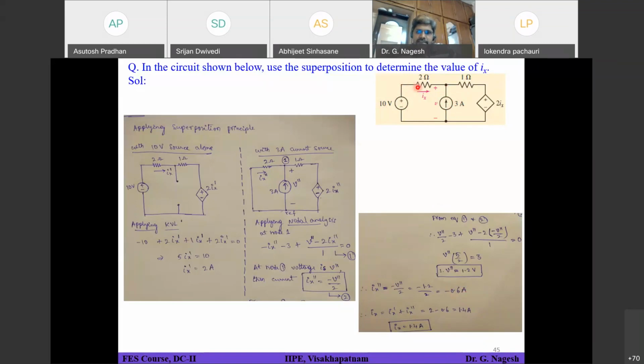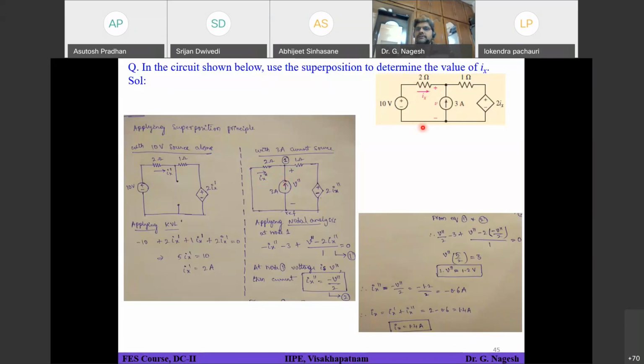So from left to right, the 10 volt source is trying to send 2 amperes of current, and the 3 amperes current source is trying to send minus 0.6 amperes. So the net current is 2 minus 0.6, which is 1.4. So 1.4 is the total current flowing through the 2 ohms resistor when the two sources are present.